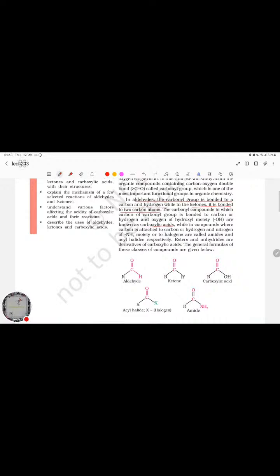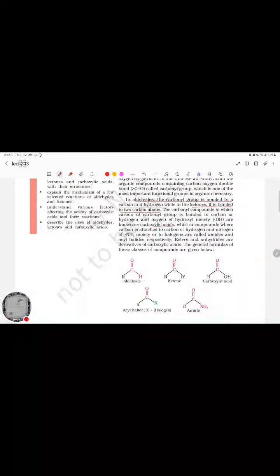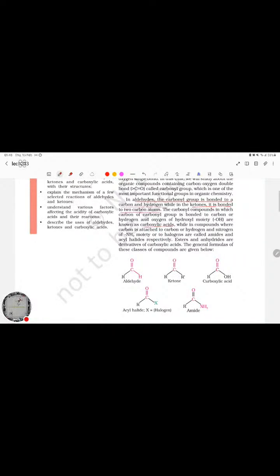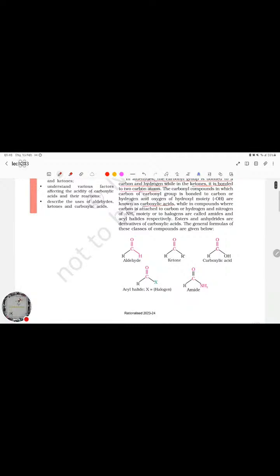Compounds where the carbonyl carbon is attached to carbon or hydrogen and to the nitrogen of an amine moiety, or to halogens, are called amides and acyl halides respectively.